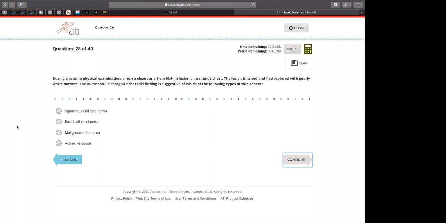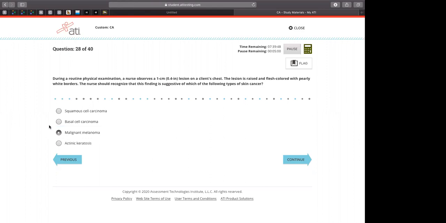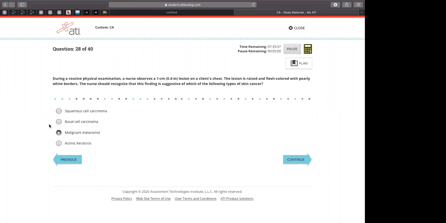C. Malignant melanoma? It's not C. Then it would be carcinoma, I think. I could be wrong. What did you say? A. Squamous cell carcinoma.